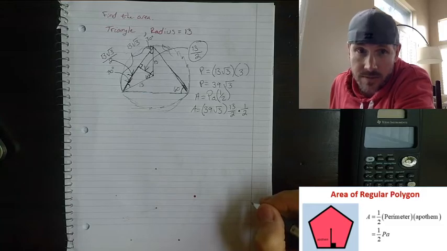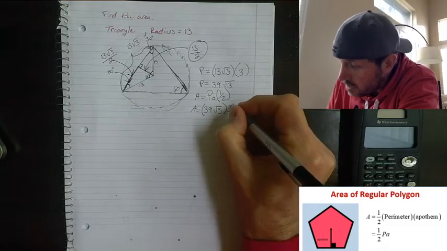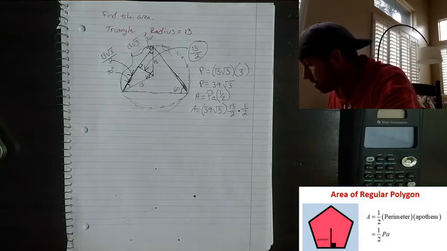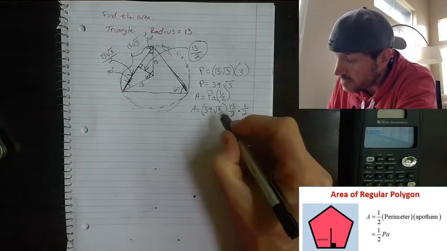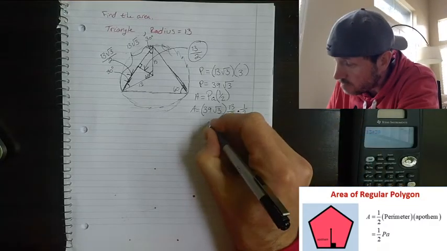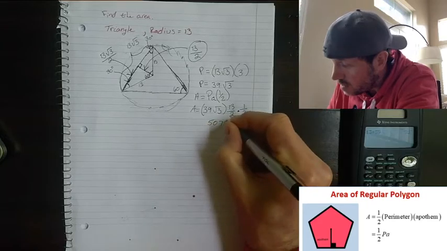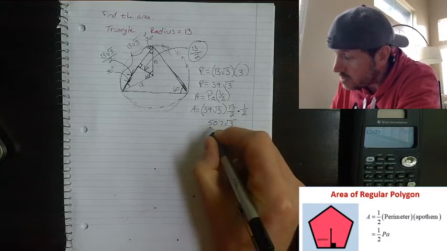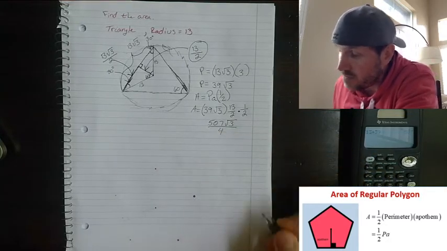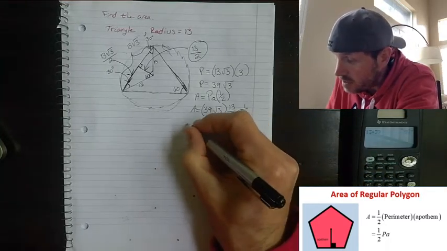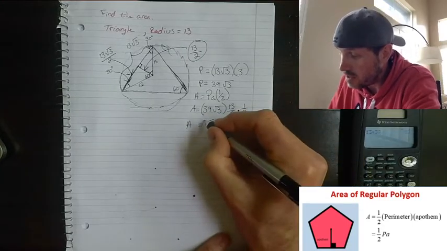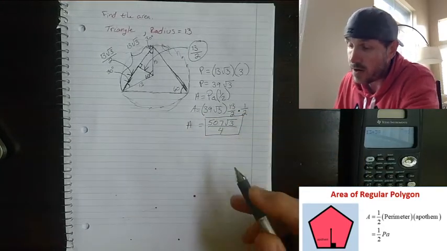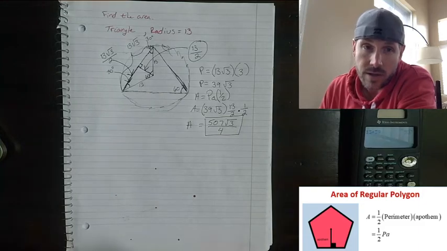So far, so good. So now we multiply 13 times 39. 13 times 39 gives you 507, so 507 radical 3. And then our denominator is 2 times 2, which is 4. That right there is the area of that triangle.